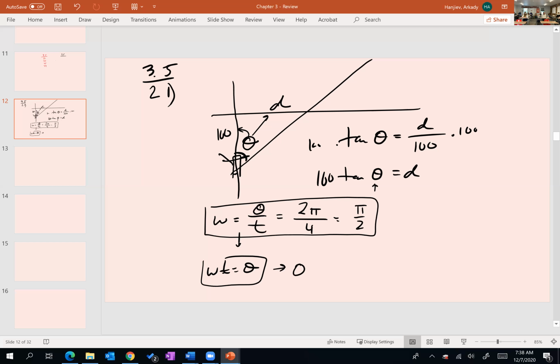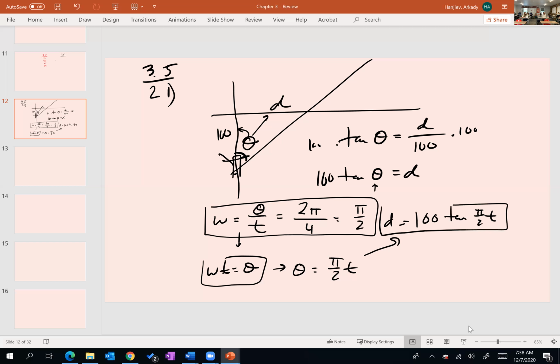This guy would be then theta is equal to pi over 2 t. So 100 tangent of pi over 2 t is equal to d. Maybe make it in front here. So there it is. There's your distance the light beam shines from being perpendicular to the beach area.